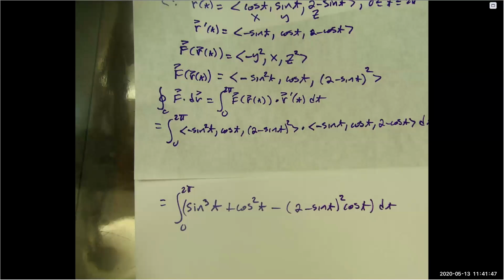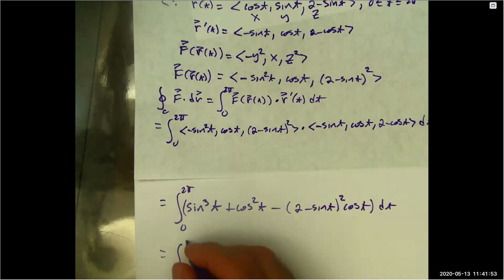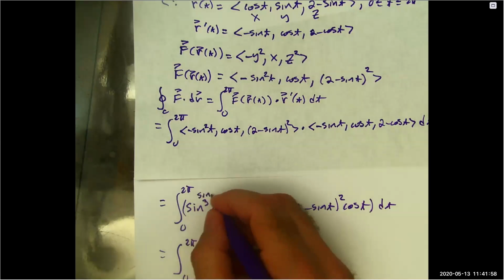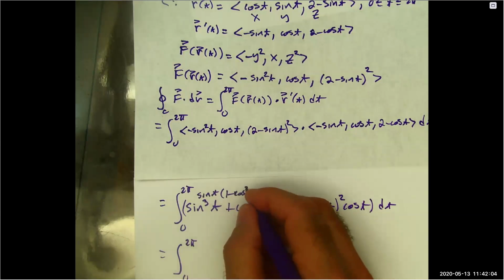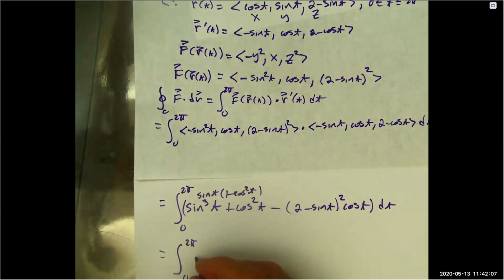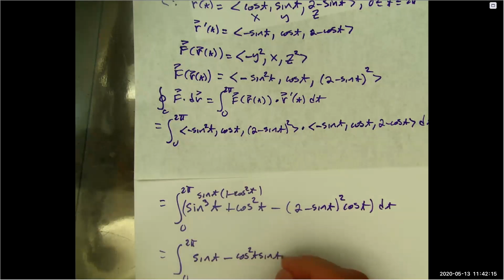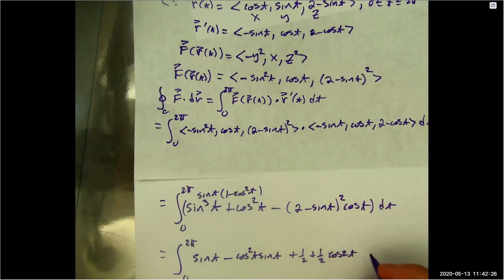To help me integrate this, I can write the first part as sine of t times 1 minus cosine squared. So I'll have sine of t minus cosine squared of t sine of t. And then the cosine squared, I can write as 1/2 plus 1/2 cosine of 2t.